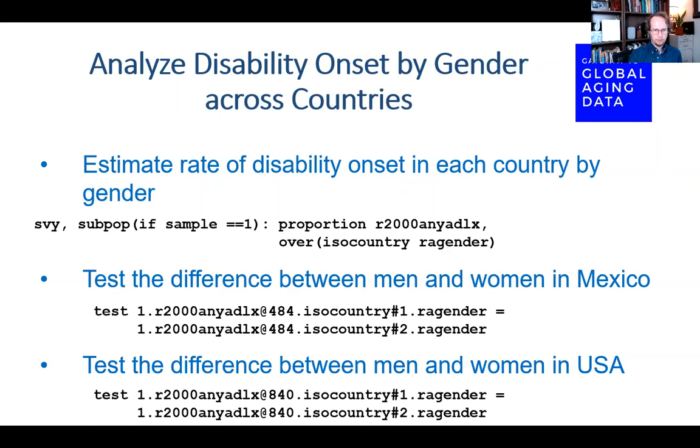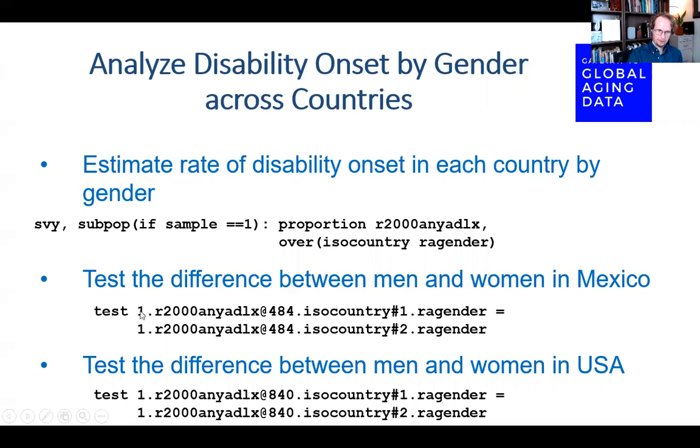We can actually use a post-estimation test to test whether we see a statistically significant difference between the estimates. You can do this using test after our command inside of Stata. This is how you would write this post-estimation test after a proportion estimation in Stata.